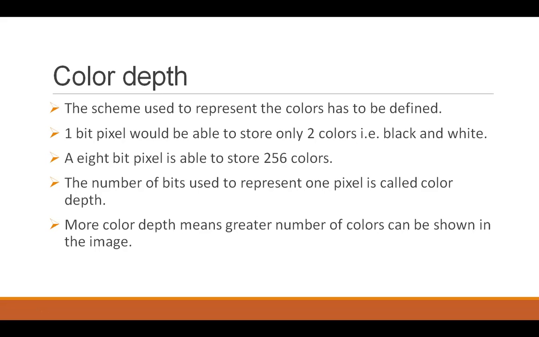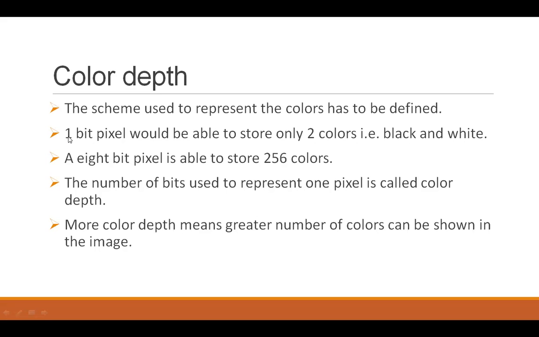So if you're using only one bit to store a pixel, a bit can either be 0 or it can be 1. So it only has two color codes, one for white and the other for black, because a bit can only be 0 and 1.